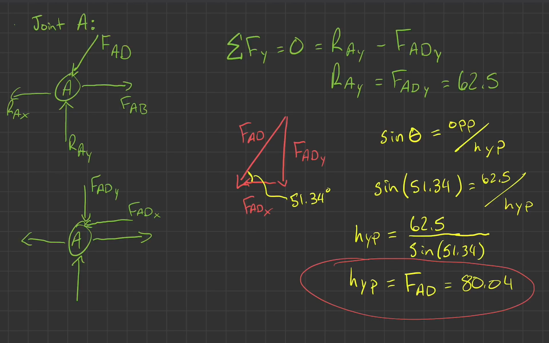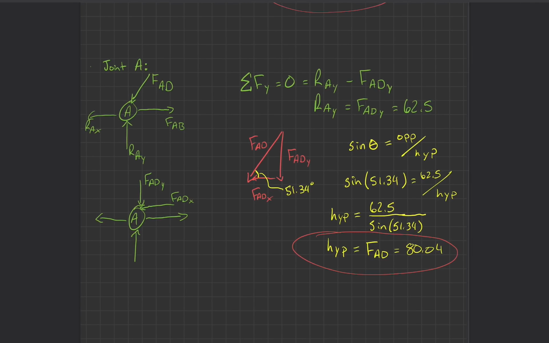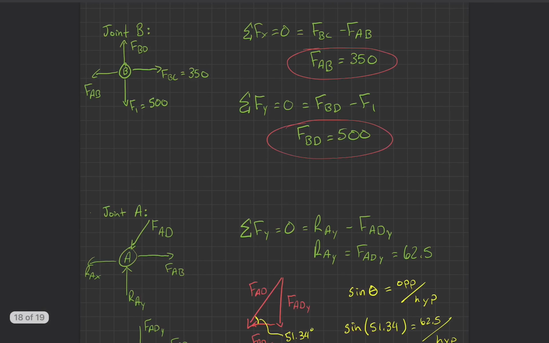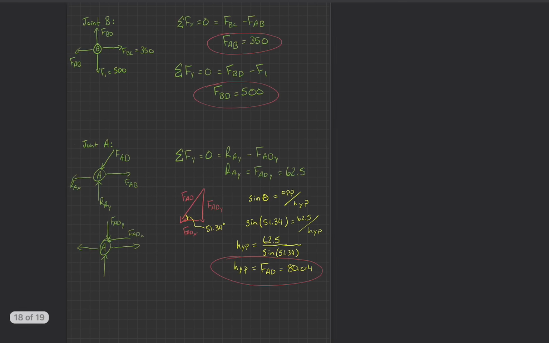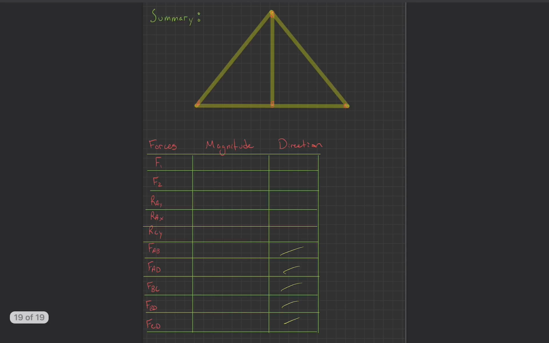So the very last thing that you want to do when you've gotten all your forces, and sometimes I actually like to do this kind of while I'm solving for all these things, is make a summary. Normally I do this while I'm doing it.